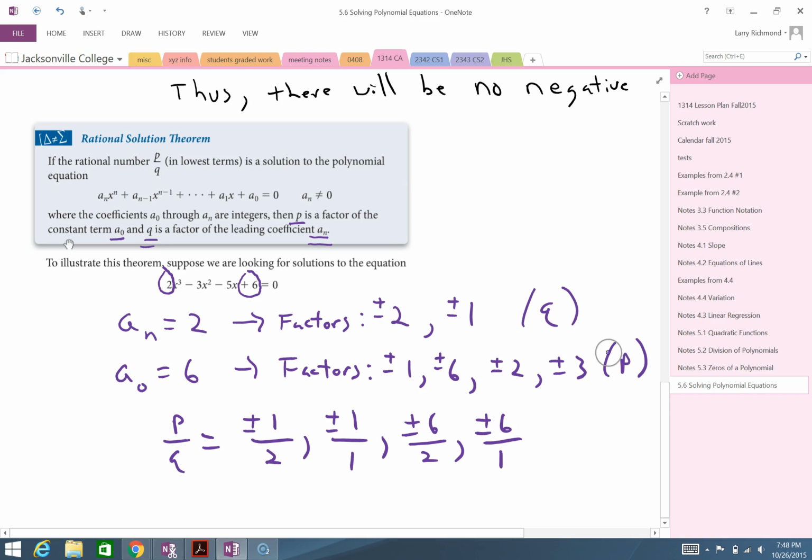Again, it says p divided by q. These are my p's, and I'm taking all of these p's and dividing by these particular q's. Now plus and minus 2 divided by 2. Then plus and minus 2 divided by 1.